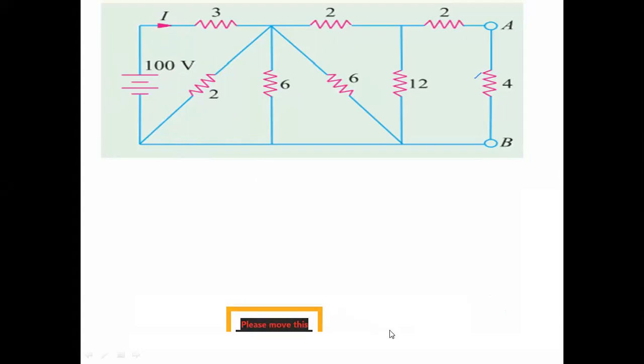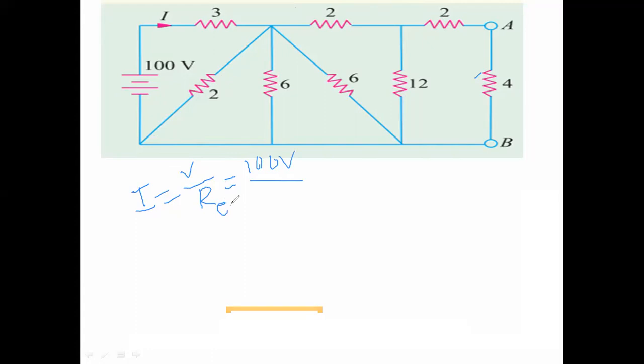It is found from Ohm's law: I is equal to V by R, where V is 100 volts. R is the entire resistance offered by this circuit, which we will consider as the equivalent resistance.